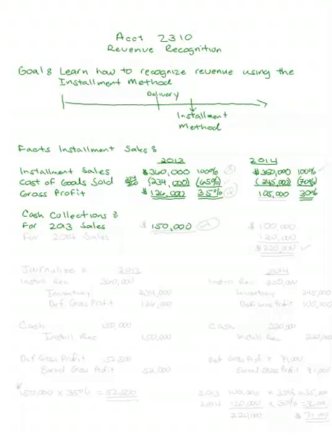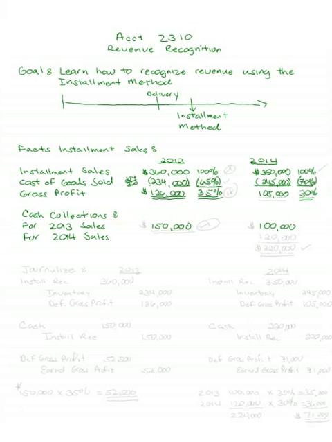Let's look at our cash collections for the year 2014 now. In 2014, we collect some money on our sales for 2013. So in 2014, I'm going to collect $100,000 on my 2013 sales.